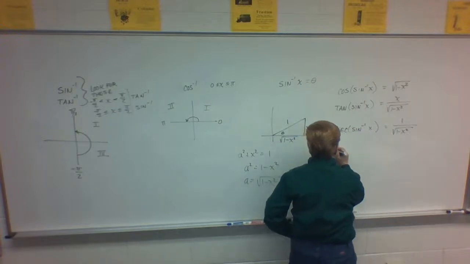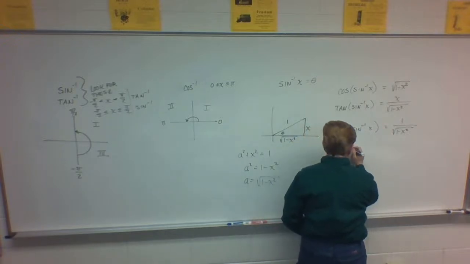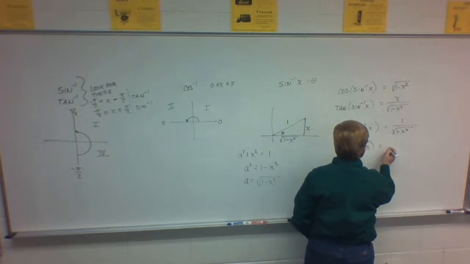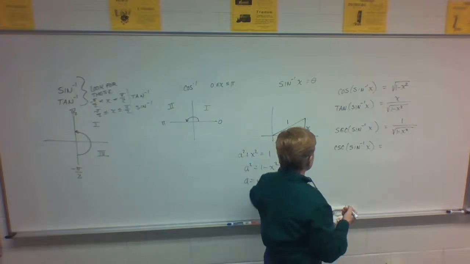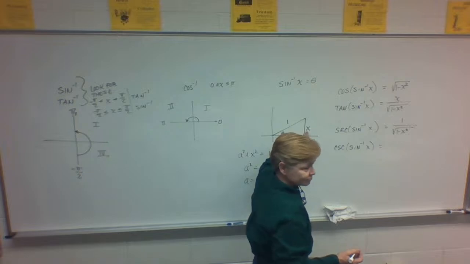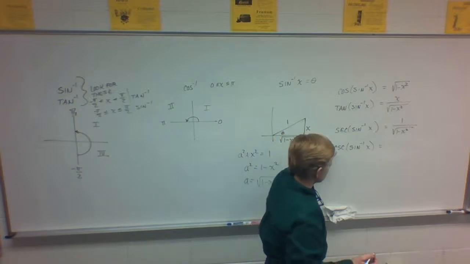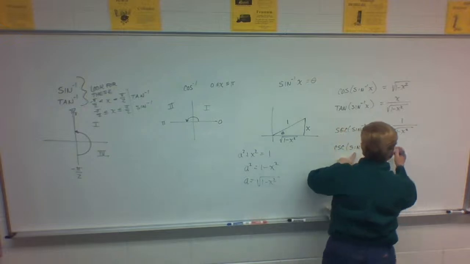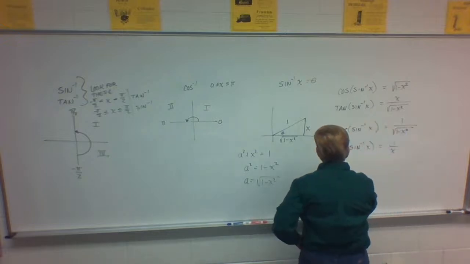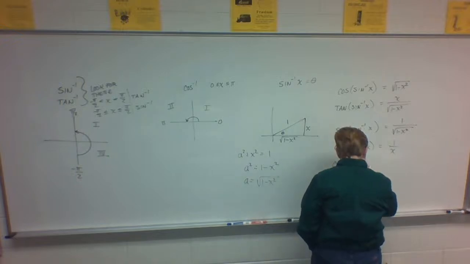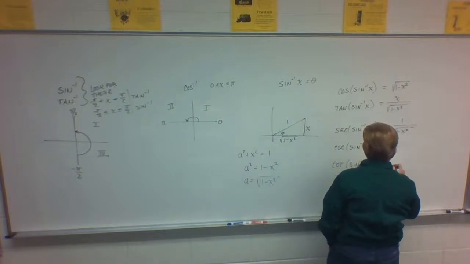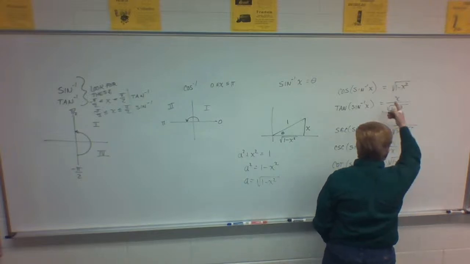What's the cosecant of the inverse sine of x? 1 over x. Because the sine was x. So the cosecant of that angle is 1 over x. And what would be the cotangent? Square root of 1 minus x squared. Reciprocal of tangent, yep.